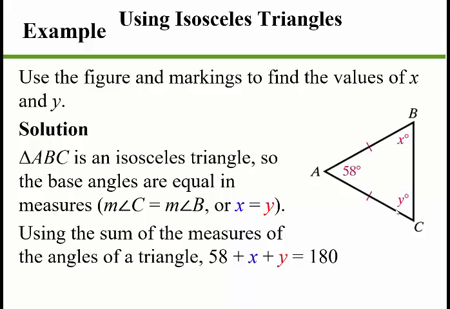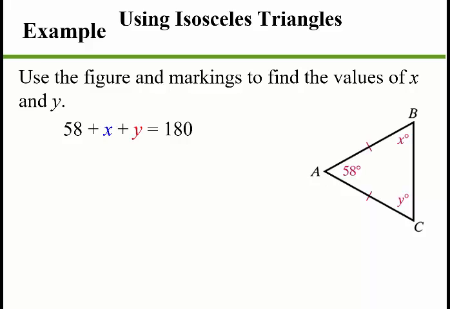So the measure of angle C is equivalent to the measure of angle B, or x is the same as y. Finally, using the sum of the measures of the angles of a triangle, we know that the interior angles must sum to 180 degrees, otherwise it wouldn't be a triangle.